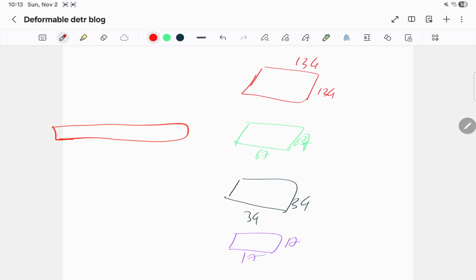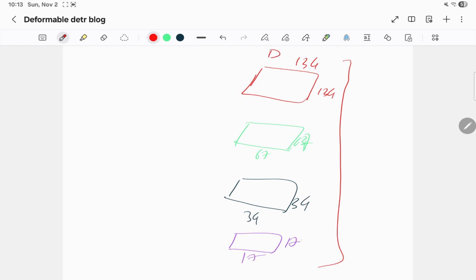If you have a convolutional backbone like this, we take the input, and as it goes down, the spatial resolution reduces.